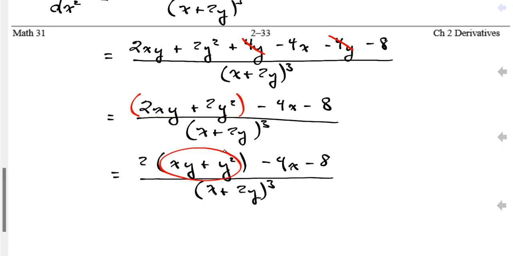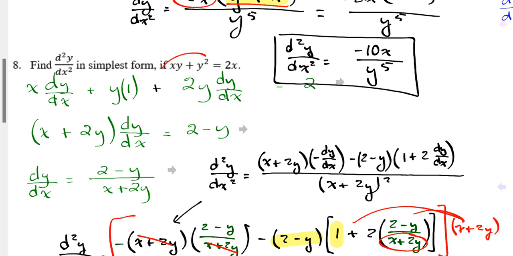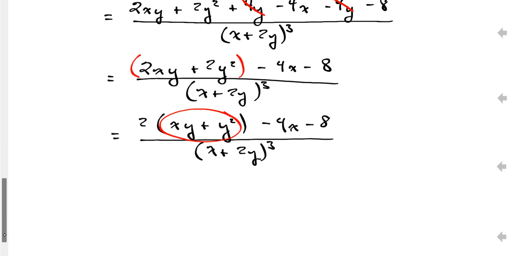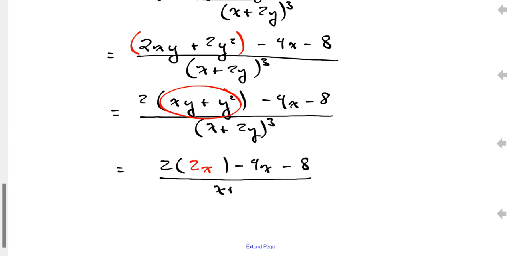So this piece is my original function, and I know that that is equal to 2x. So I'm going to have 2 times 2x minus 4x minus 8 all over x plus 2y cubed.